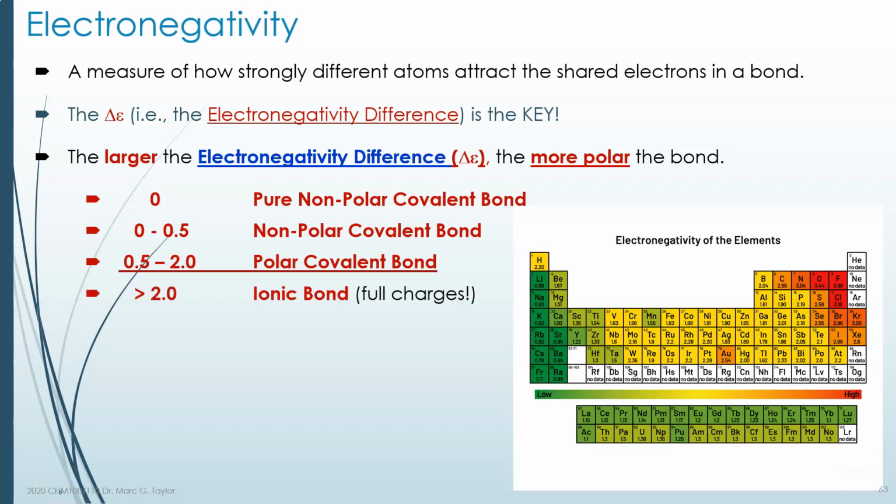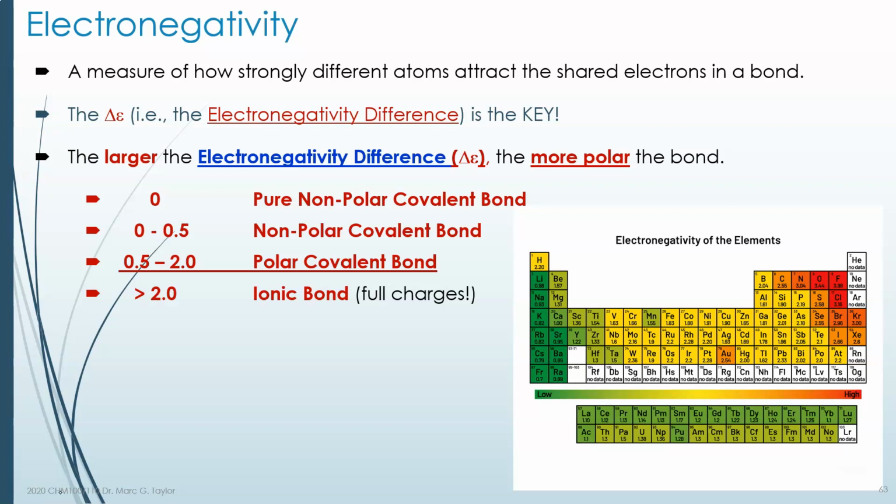If you continue having atoms that are even more different in electronegativity, for example, if you took sodium, which is only about 0.9, and fluorine, which is close to 4.0, the difference now is greater than 2, and now the bond has polarized so much that all of the electrons essentially are almost always near the fluorine, and none of them are near the sodium, and therefore the covalent bond has been broken completely or nearly completely, and now you have full-blown charges so that the fluorine is completely negatively charged, the sodium is completely positively charged for all intents and purposes, and therefore this would no longer be a covalent bond at all.